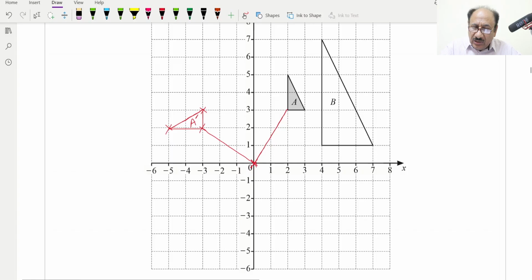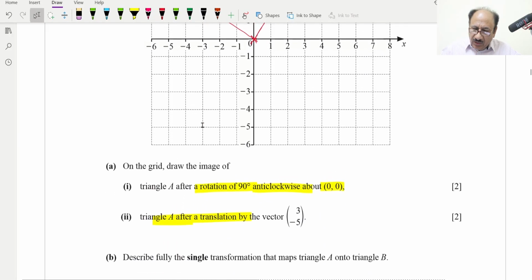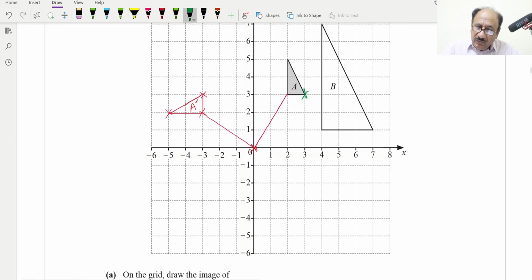So if we check this vertex of triangle A, 3 units right and 5 units down. 3 units right will be 1, 2, 3 units right, and 1, 2, 3, 4, 5 units down will be over here. So what we have done is taken 3 units right and 5 units down, and we reached over here.